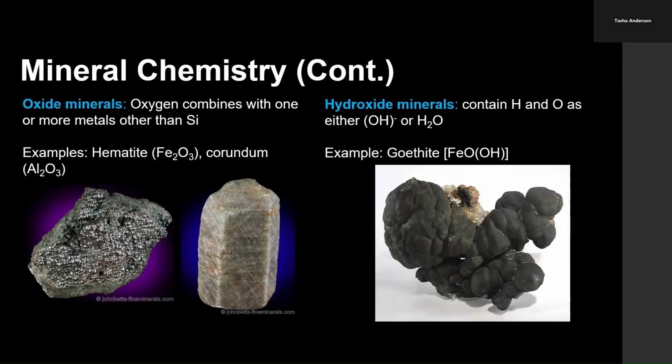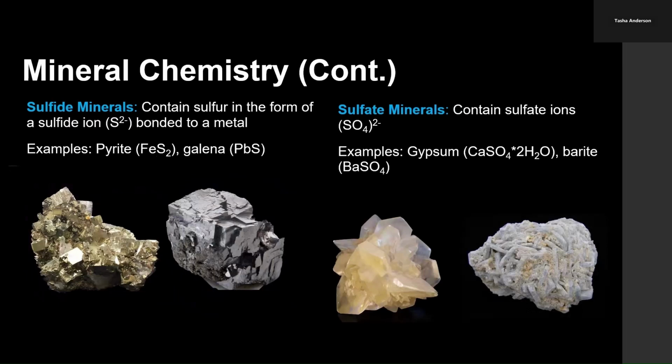Oxide minerals are when oxygen combines with one or more metals other than silicon, such as hematite and corundum. Hydroxide minerals contain hydrogen and oxygen as either OH negative or H2O, for example, goethite.